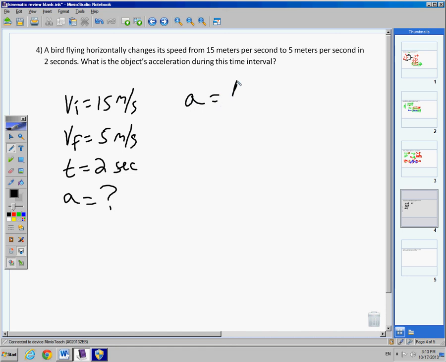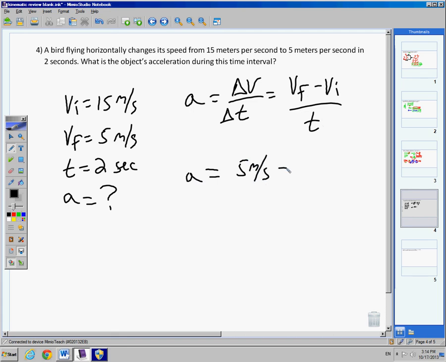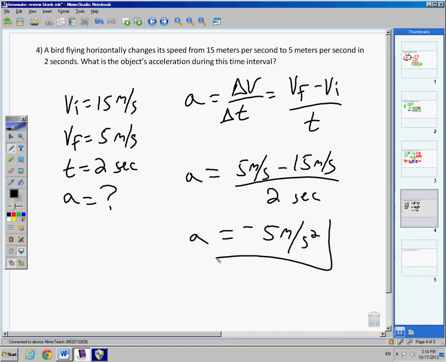A equals delta V over T, which equals VF minus VI over T. A equals 5 meters per second minus 15 meters per second over 2 seconds. A equals negative 5 meters per second squared.